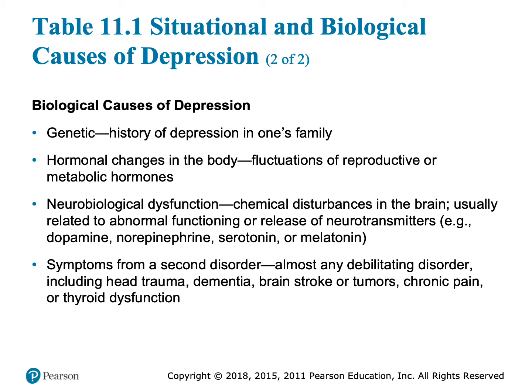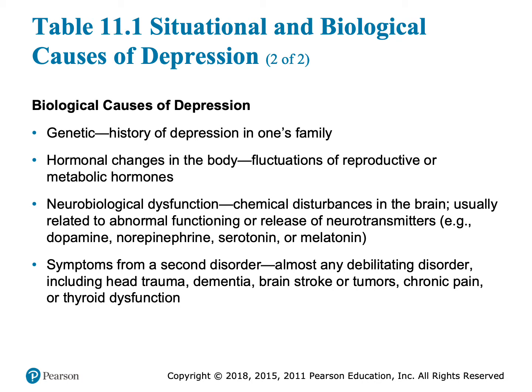Neurobiologic dysfunction, where chemical disturbances in the brain, usually related to abnormal functioning or release of neurotransmitters like dopamine, norepinephrine, serotonin, or melatonin. And symptoms from a second disorder, almost any debilitating disorder, including head trauma, dementia, brain stroke or tumors, chronic pain, or thyroid dysfunction, are all biological causes of depression.